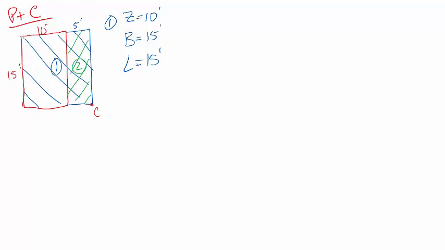Okay. The dimensions of shape 2: Z again is 10 feet. B this time, the smaller, is 5 feet, and L is 15 feet.